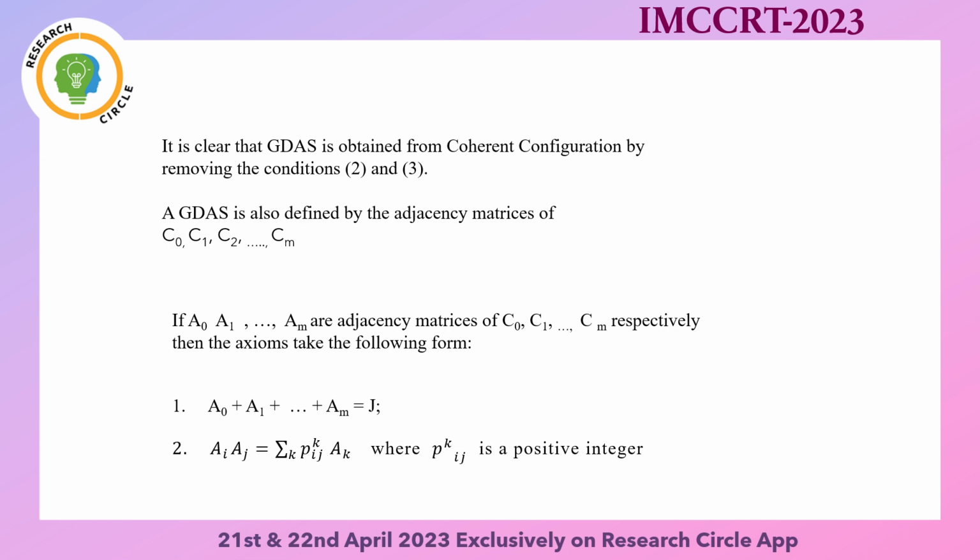Generalized directed association scheme can also be defined by adjacency matrices of C0, C1 up to Cm. So if A0, A1 up to Am are adjacency matrices of C0, C1 up to Cm respectively, then the axioms take the following form. First one says that summation of all these Ai's equals the all-one matrix J. And the second one says that for all i, j, the product AiAj is equal to summation pijk Ak, summation running over k, where pijk is a non-negative integer.